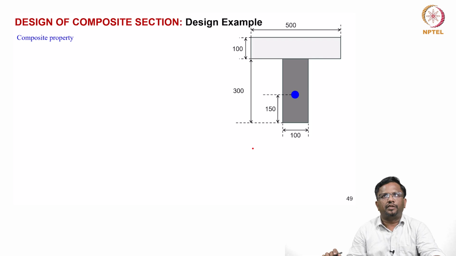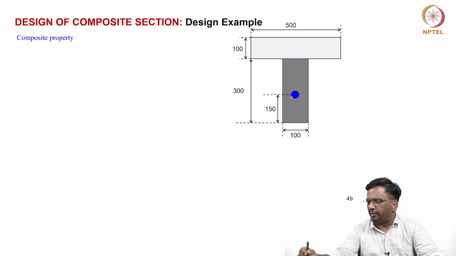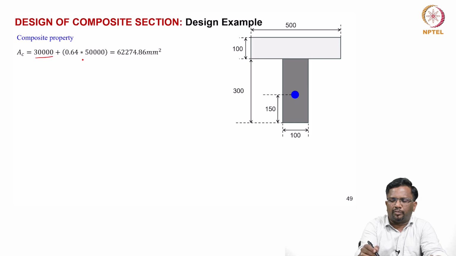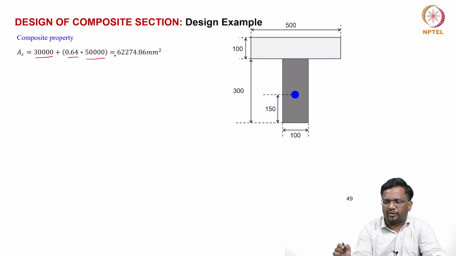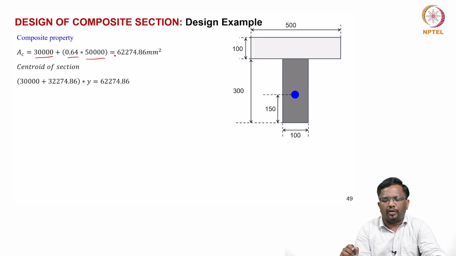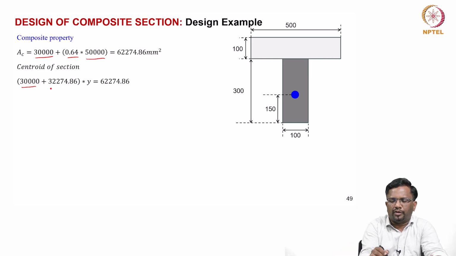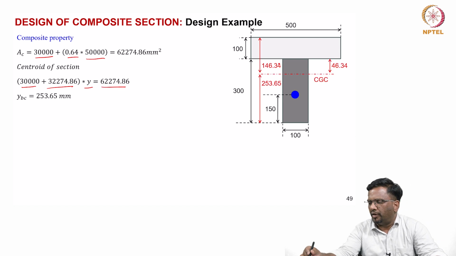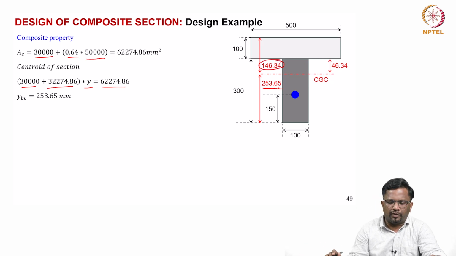Now you can see this is the section and your pre-stressing is at 150 millimeter. Now let's calculate the composite section property. Again, simple calculation. This is area of the precast element plus modular ratio times the area of the slab, and then centroid using your regular process. This plus the area times y should be equal to this composite area. Then you get your YBC as 146.34 and 253.65.